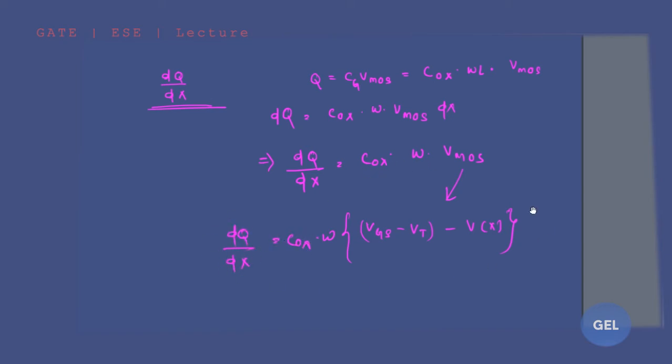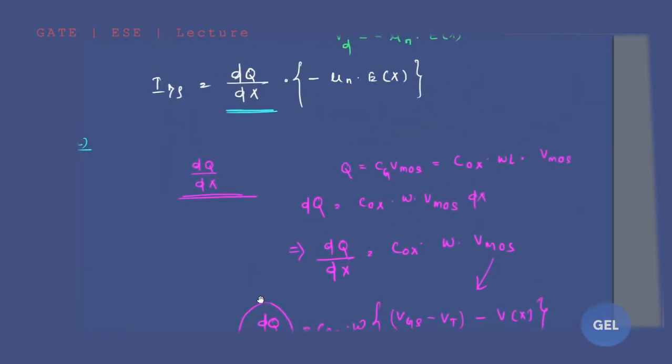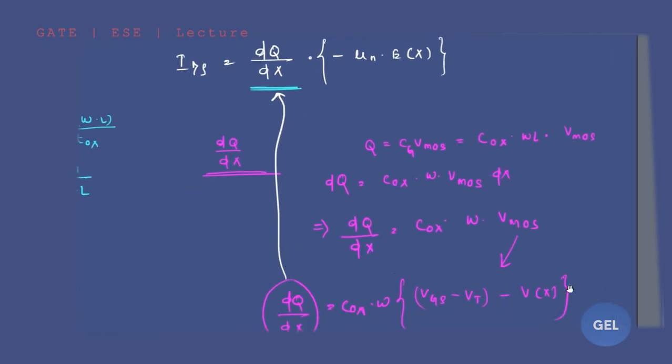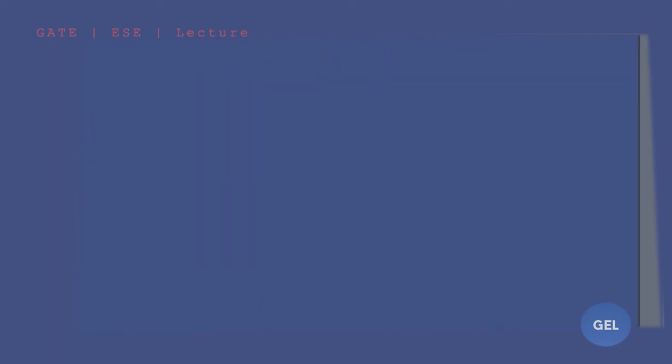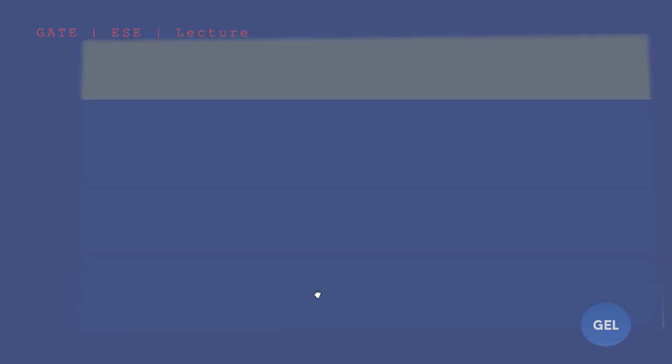Okay, now by putting this value in here, we got the dQ by dx value. By putting this value in this expression, you'll get the IDS value. Look here carefully.